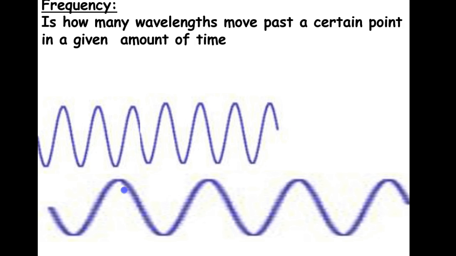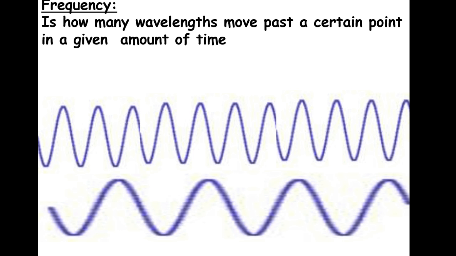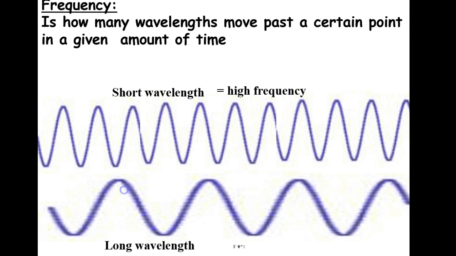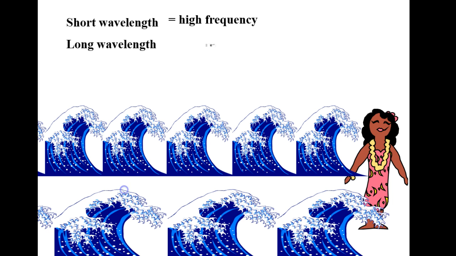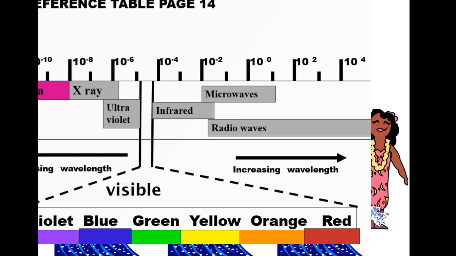So you can see in this diagram how more wavelengths at the top are passing through this white space. On the bottom, the longer wavelengths will take less frequency to pass through that same white space. So the shorter wavelength is a higher frequency, making it a more powerful wavelength, and the longer wavelength has a lower frequency. And here's that picture of the wave as I mentioned. The short wave is higher frequency, the long wave has lower frequency.